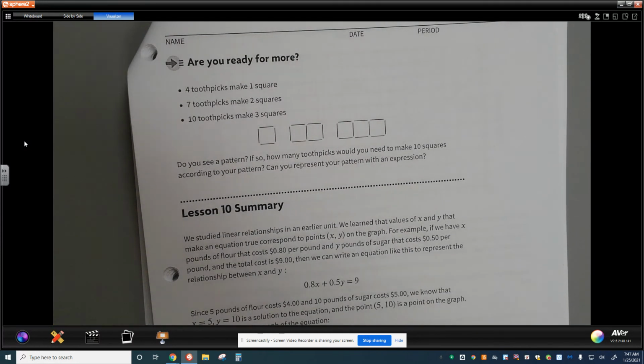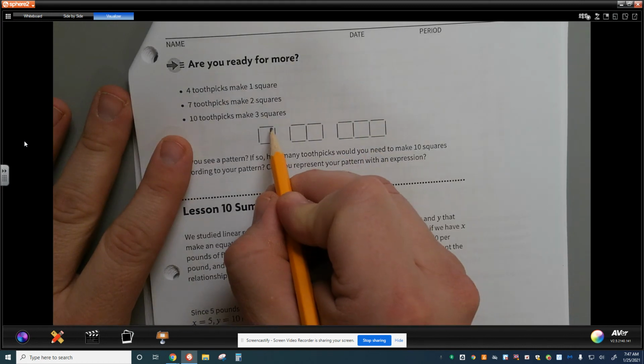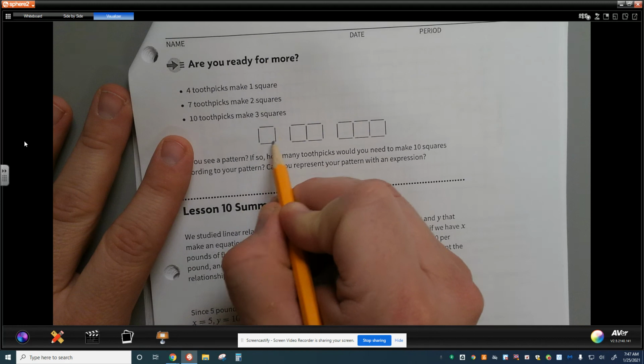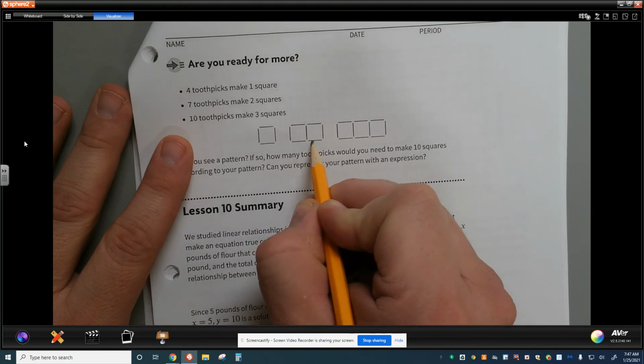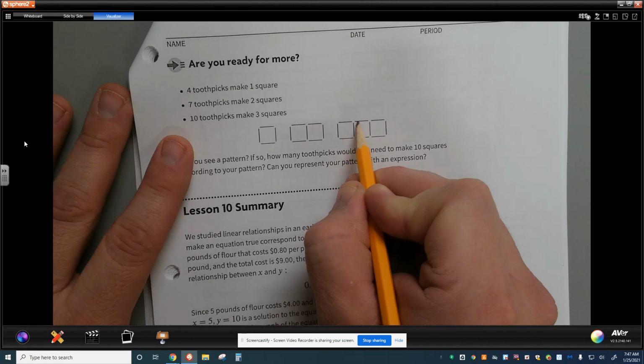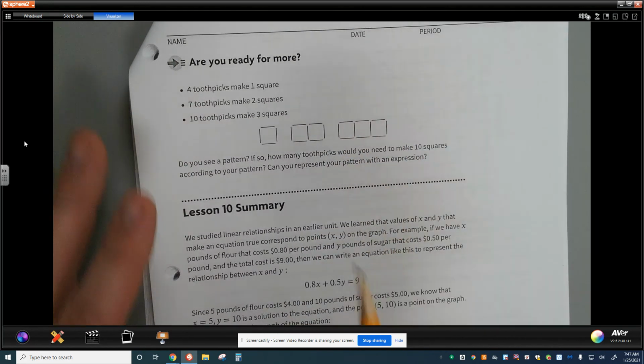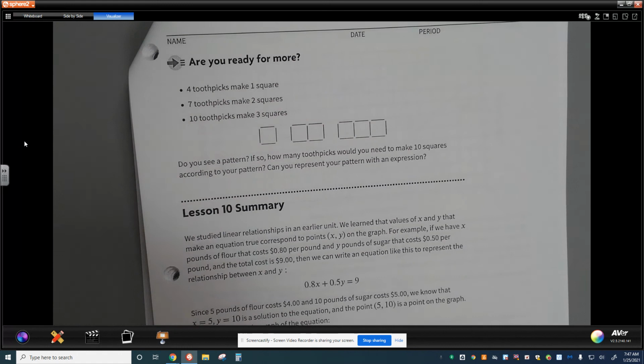We see that we're increasing at a rate of 3 toothpicks every single square. But 3 toothpicks doesn't make a complete square. So what's actually happening here? If we take 4 toothpicks, and then we add 3 more, we take 4 and add 3, add 3. How could I recognize or represent that?